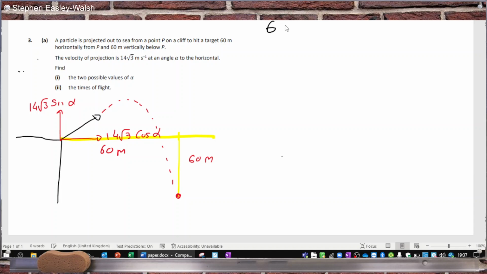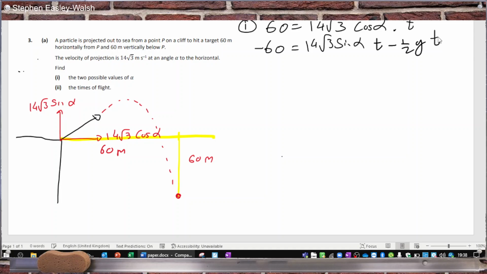So 60 should equal 14 root 3 cos alpha times t. So distance equals speed multiplied by time. That's one equation. And in the second equation, we can get minus 60 s equals u t plus a half a t squared.